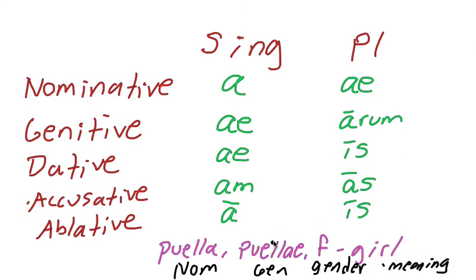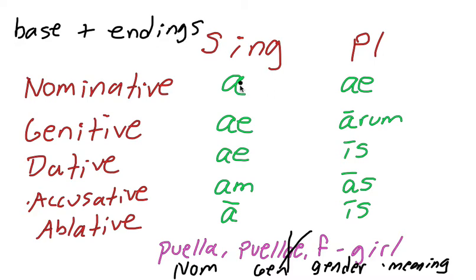In order to decline a noun, we take away the genitive singular ending, the AE ending, and that gives us what is called the base of the noun. To decline the noun, you then take the base of the noun plus the endings.